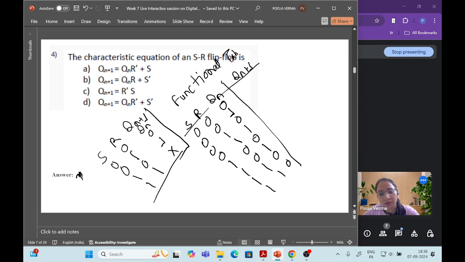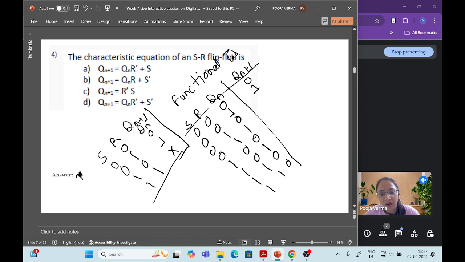Okay, so already we know that when the inputs are 0 0, then it will hold the same output, right? So here Qn is 0, so it will be 0, and for the next input again 0 0 SR, but here the output is 1, then it will hold the same output, right?